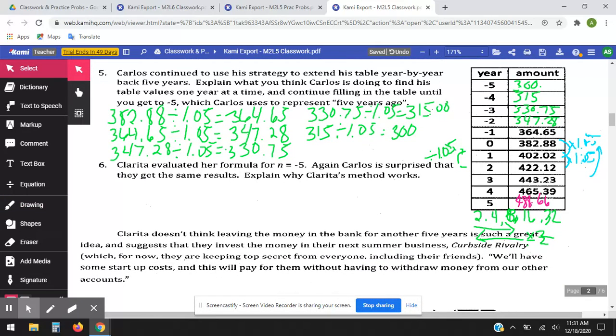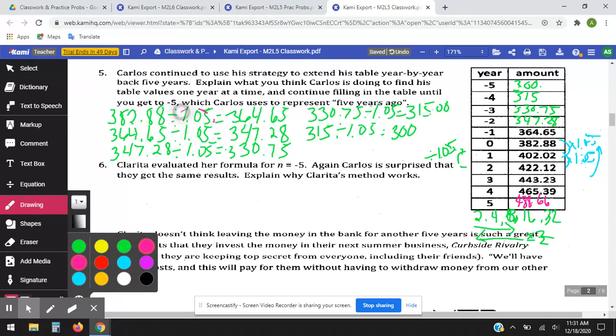Now Clarita says, going forward, I multiplied by 1.05 over and over. She's saying I'm dividing by 1.05 5 times. So that's the same thing as a -5 exponent. Remember, negatives in the exponent turn it into a division, a 1 over, the reciprocal. So Clarita is going to do her formula, and that's why she gets the same results.